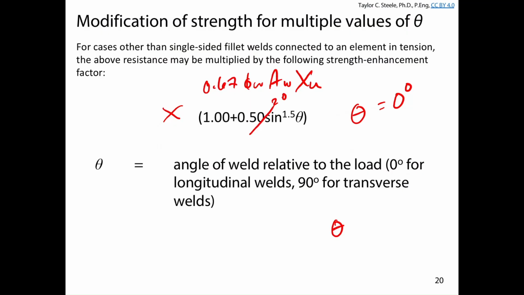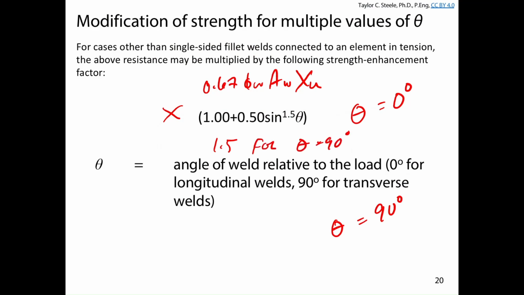If we have theta equal to 90 degrees, what does this expression give us, do you think? 1.5, right. Because sine of 90 is 1. 1 to the power of anything is 1. Half of 1 is a half. You get 1 plus a half, which would be 1.5 for theta equal to 90 degrees.